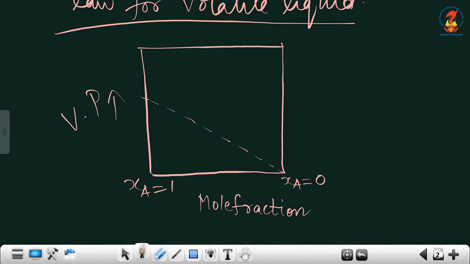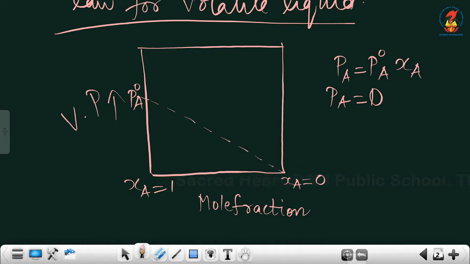We know that the maximum value for mole fraction is 1. And when XA is equal to 1, we have the vapor pressure of solvent A as P naught A, because according to Raoult's law, PA is equal to P naught A into XA. Now, when XA is equal to 0, we have PA is equal to 0.